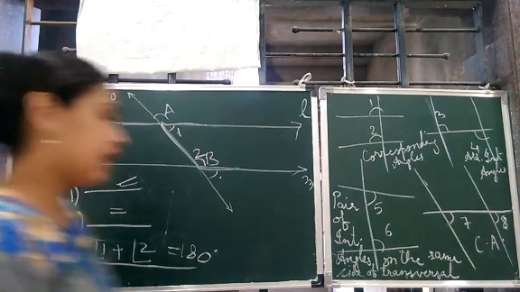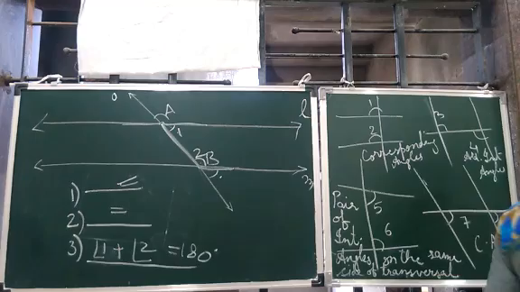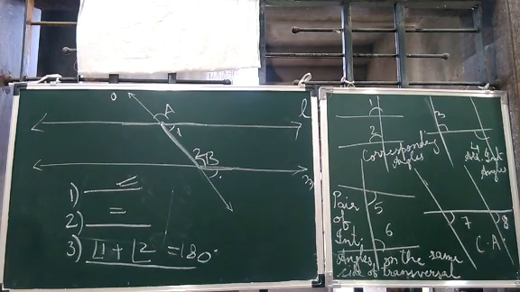Okay. So these are the three properties. Then there is formation of F and formation of Z, which we have already done. F shape stands for corresponding angles, Z shape stands for alternate angles.